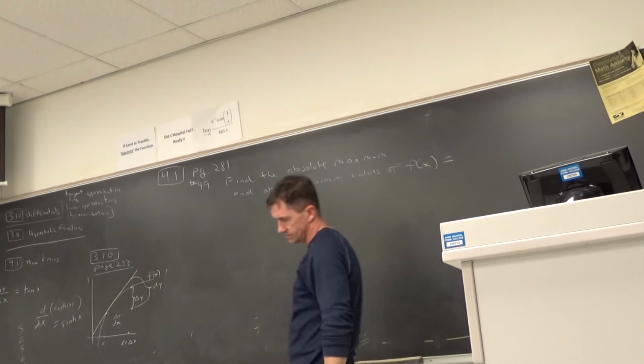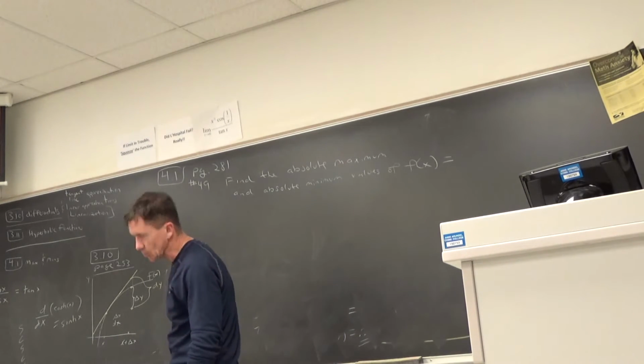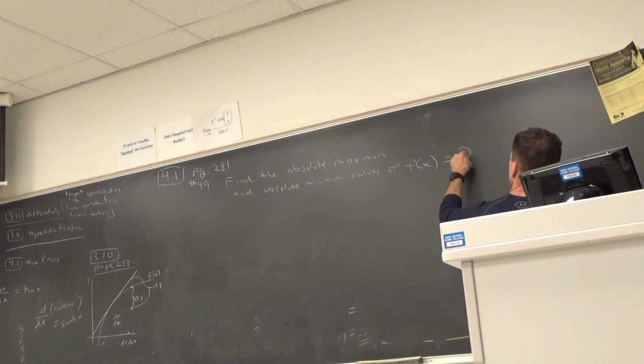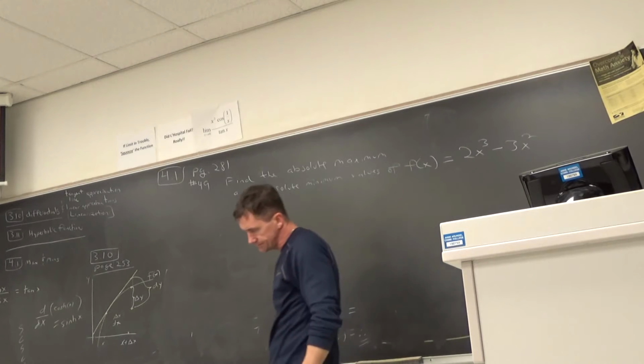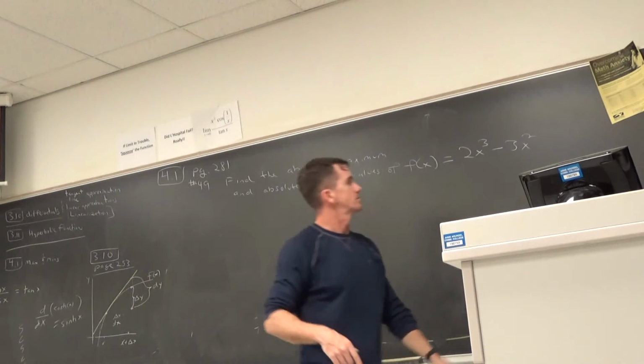Here's the function, everyone: 2x cubed minus 3x squared minus 12x plus 1.